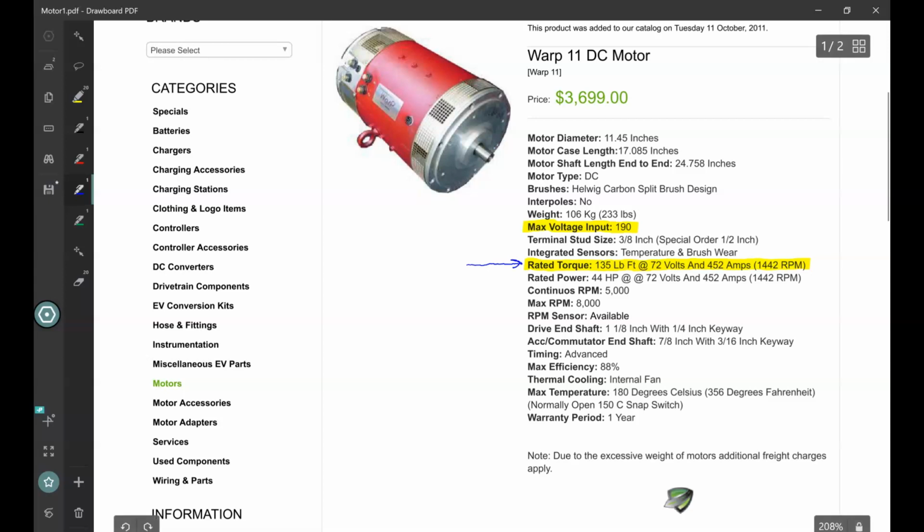What he's also telling you is don't put more than 190 volts on it, or else you're going to have problems. So you can apply whatever voltage you want. If you don't want the motor to run, you apply 0 volts, the motor won't run. If you want it to go faster, you apply greater voltage on the motor, and it'll go faster.